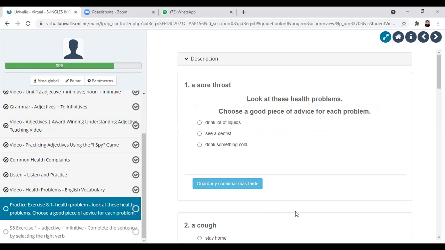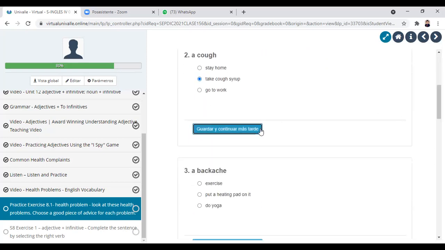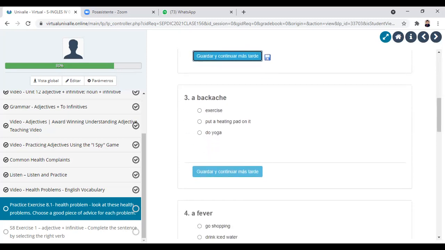Drink a lot of liquids, see the dentist, drink something cold. I would say drink something cold. A cough: stay home, take cough syrup, or go to work. Take cough syrup. A backache: exercise, put a heating pad on it, do yoga. Put a heating pad on it.